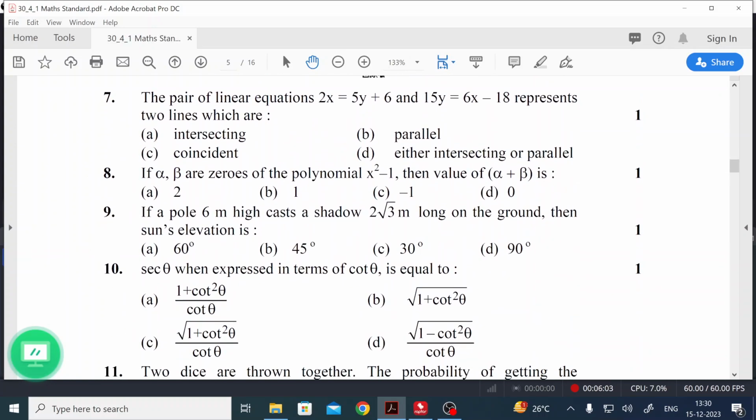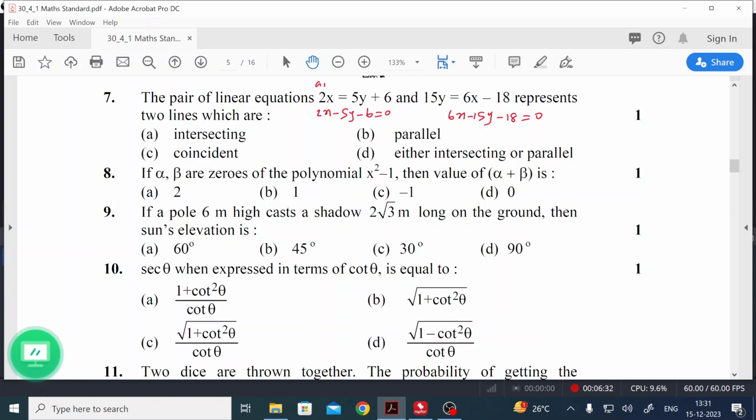7th. Right, fine. The pair of linear equations represent two lines which are, they are asking, intersecting or something else. We have to find the ratio. So here, this is A1. First you bring this value, 2x minus 5y minus 6 equal to 0. Like that, x first. So you take this value opposite. 6x, 15y when you send opposite, minus 15y, and this 18 as it is.